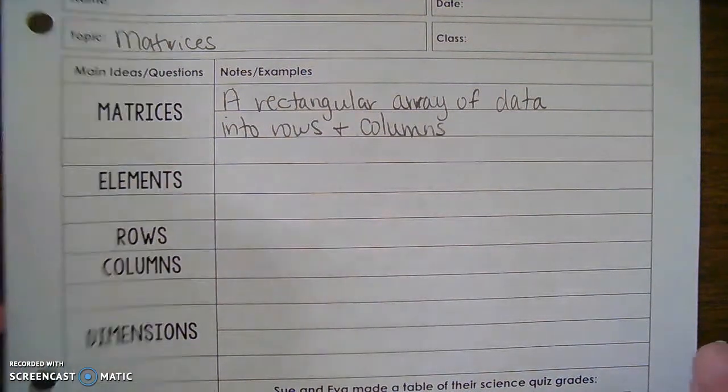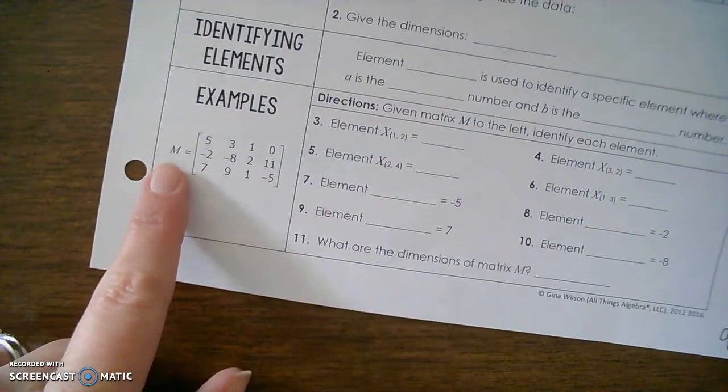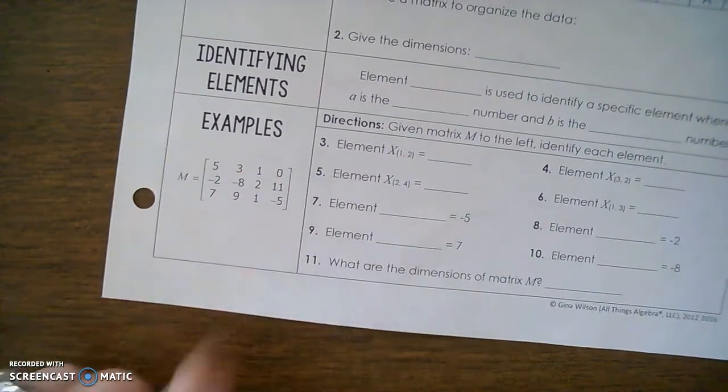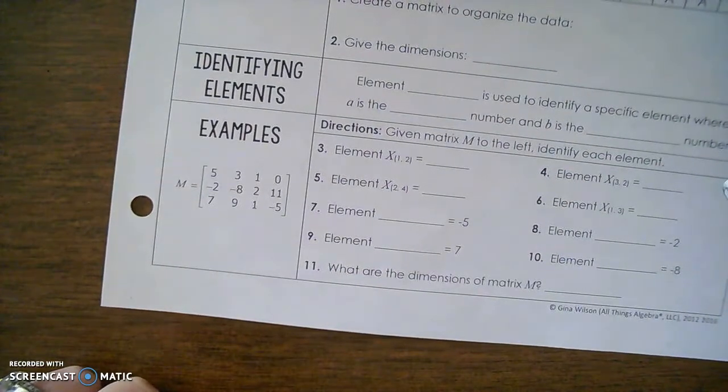So if you look at the very bottom left of the note sheet right here, M represents a matrix. So this right here, that rectangular part of all those numbers, is called a matrix.